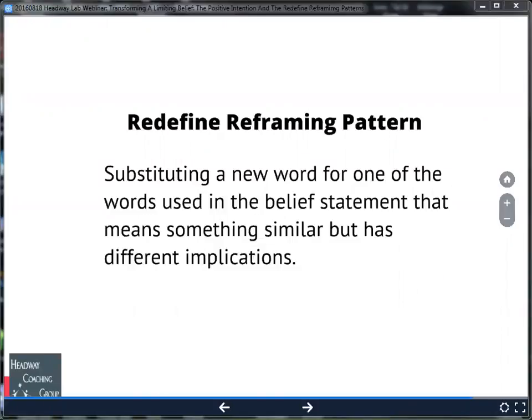So, guys, right now I would like us to brainstorm. What do you think? How does the redefine pattern usually work? We usually are looking for some words which, if we substitute that current part with the new words, will be telling the same thing, but in a different way.